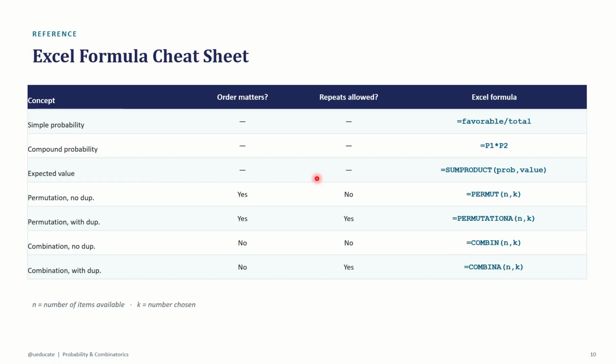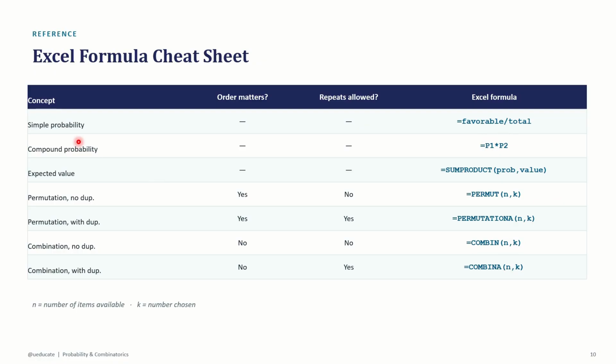This is the sheet. Simple probability is favorable divided by outcomes. For compound probability, for example, just like we talked about, if we want the winning phase with 2 rounds, our chance is 1 by 6 into 1 by 6, right?